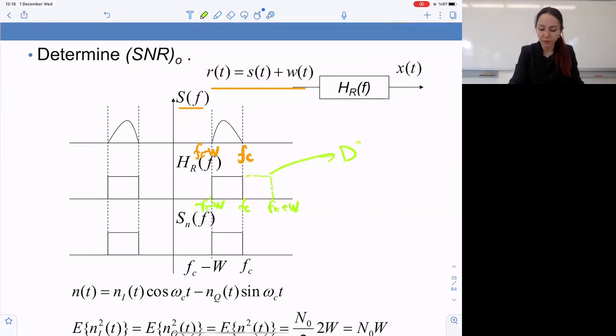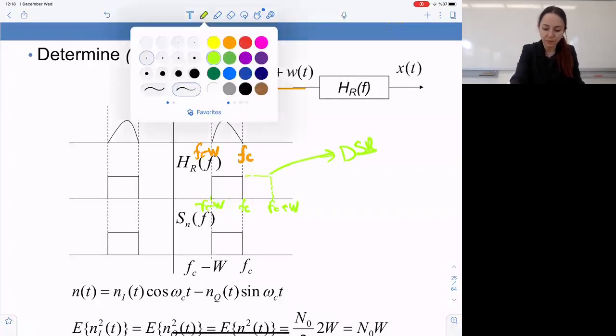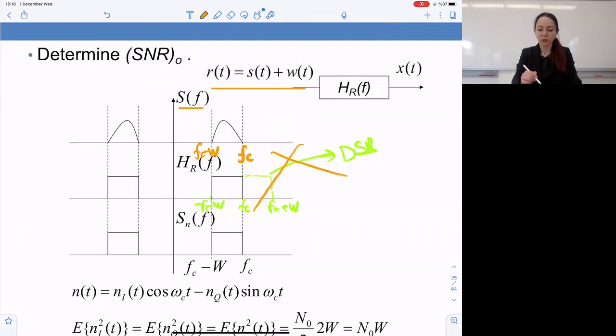This is the double sideband case, but we don't have this situation. Our filter is half as wide and it is not symmetric. So the filtered noise is going to have half as much power as double sideband.